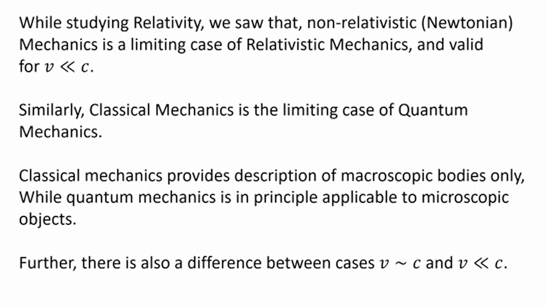If v becomes of the order of c, or at least 1/10 or 1/100th of that, you need to go to relativistic mechanics, because space and time would be coupled there, and length and time would not look the same as they would in a stationary frame. Similarly, classical mechanics is also a limiting case of quantum mechanics.